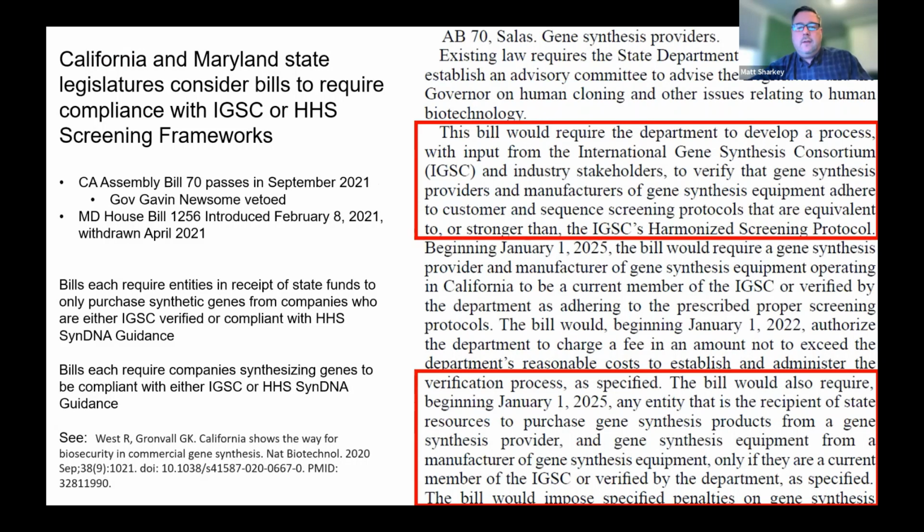I'll mention that although HHS and the federal government have not pursued a regulatory approach towards this guidance, states have. California passed Assembly Bill 70 in 2021. It was vetoed by Governor Newsom, and I've read a summary of his remarks about this. I think his intention was that he didn't want California to have a regulatory framework that was out of step with the rest of the United States.